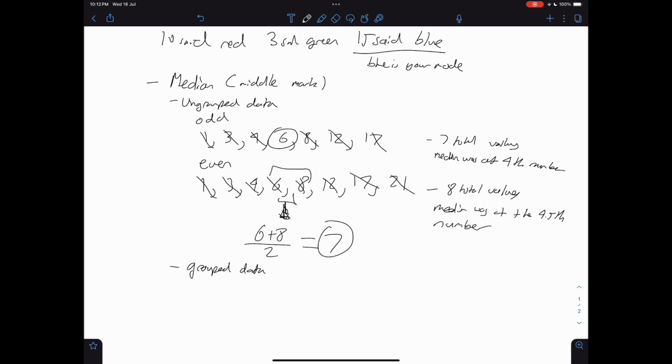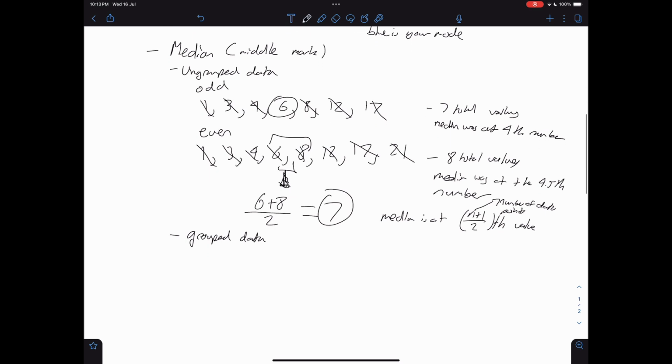So then we can generalize this formula as the median in ungrouped data is at the n plus 1 over 2 value, where the number of data points is your n. And we can see that works. 8 plus 1 over 2 is 4.5. 7 plus 1 over 2 is 4.